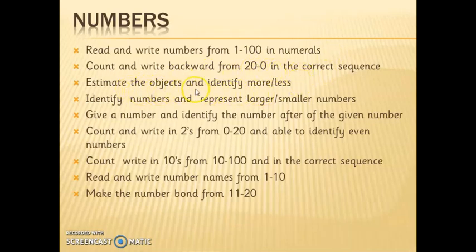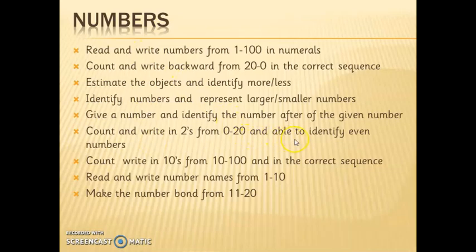You have estimated the objects and you identify more and less along with the larger and smaller numbers. You have also learned and identified the number after of the given numbers. You have counted and learned how to write in 2s and 10s in the correct sequence. Dear students, you have also learned the number names from 1 to 10, along with the number bonds from 11 to 20.